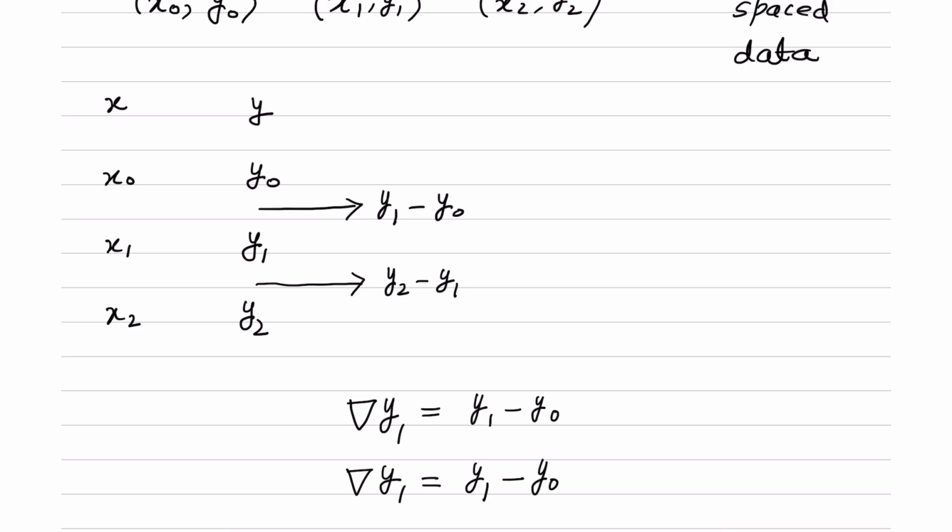So the difference we have calculated here, y1 minus y0, has the notation backward y1. And y2 minus y1 by definition is backward y2.